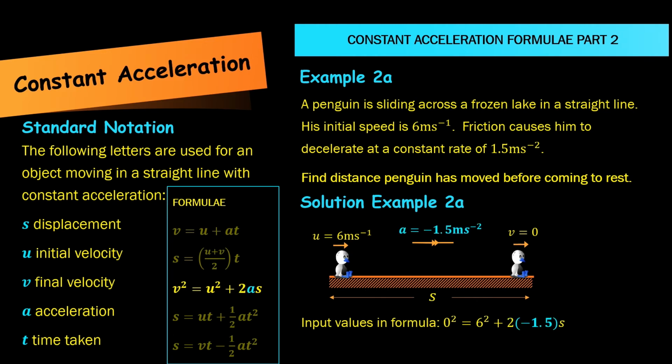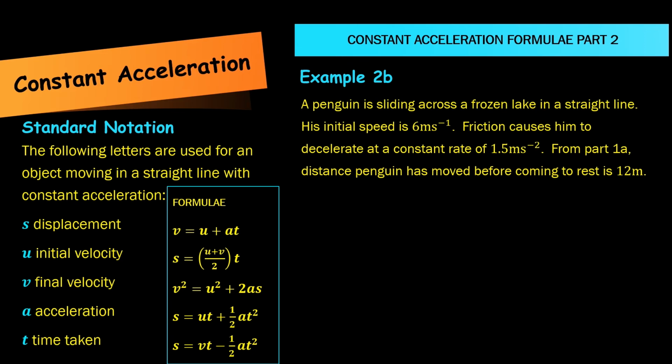A equals minus 1.5. And S is what we're required to find. So tidying up gives us this expression, and solving for S gives us that S equals 12 meters.